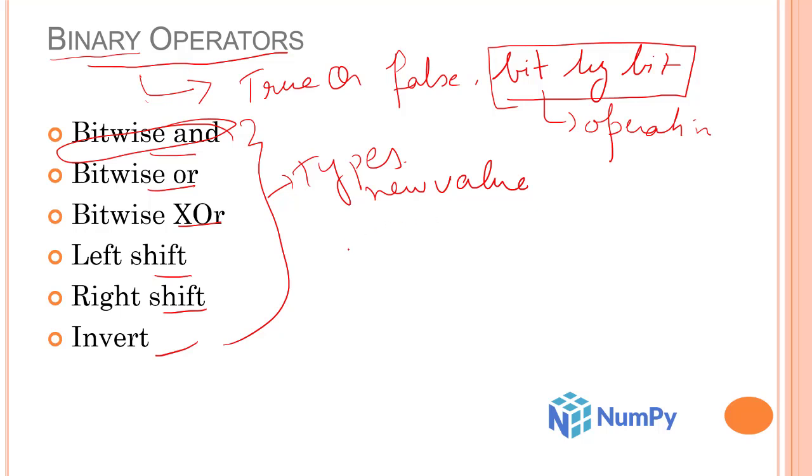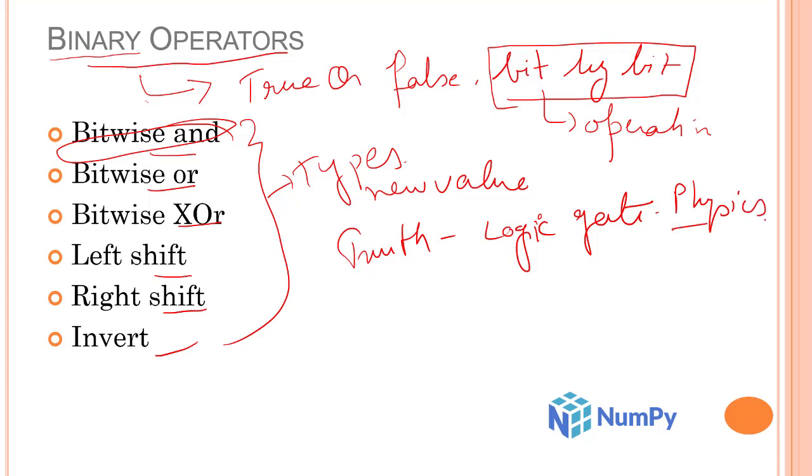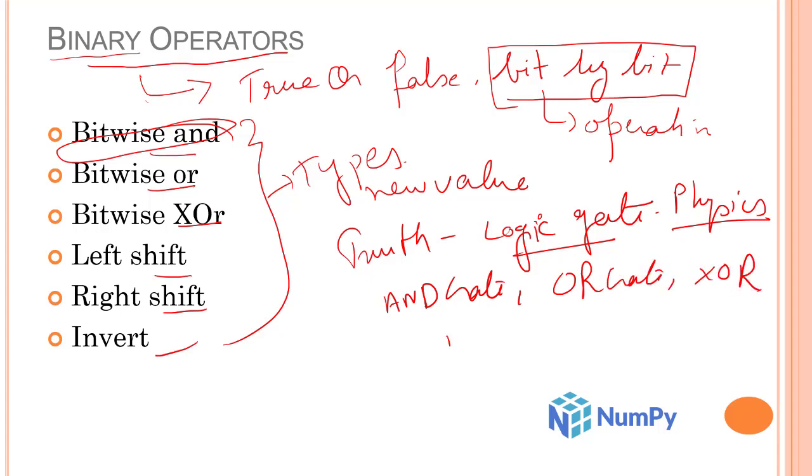Now move to the truth table. When you are working with logic gates, we have some truth tables, right? We learn this in physics, in standard 11 and 12: the logic gates concept, where we learn the AND gate, then the OR gate, the XOR gate, and the NOT gate.